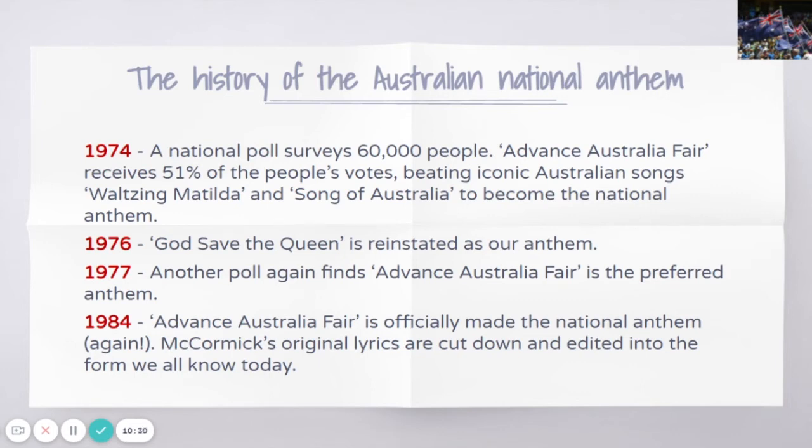In 1977, another poll again finds that Advance Australia Fair is the preferred anthem. And again, in 1984, Advance Australia Fair is officially made the national anthem again. McCormick's lyrics are cut down and edited into the new version that we know today. That's the version that we sing at assemblies and other big events across the nation.